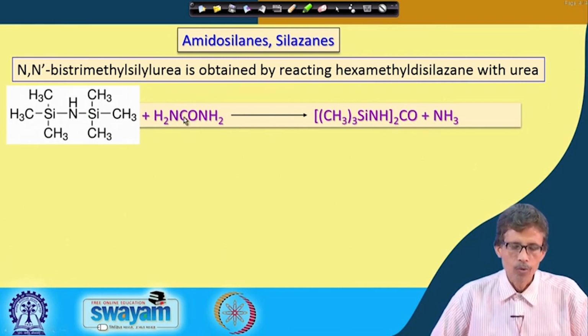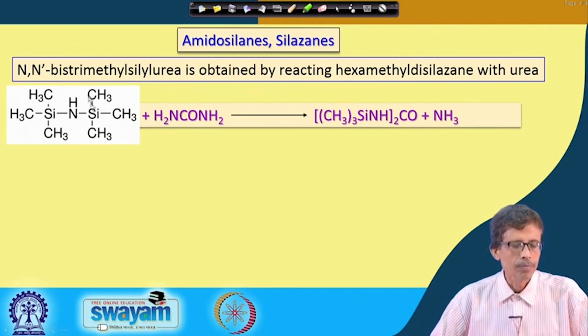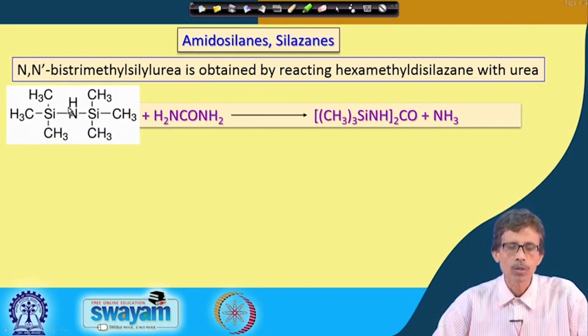That means you have now the CO function intact, and that one NH group is there, because we know that this NH group is there. So this NH can now be protonated through the protons of the urea molecule.